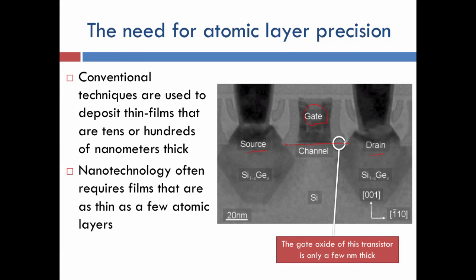There's a very thin layer right there of a few atoms thick, which is an oxide, and basically something that does not conduct electricity or charges. And that separates the gate from the channel. And this oxide is just a few nanometers thick, which means it's just a few, perhaps tens or hundreds of atoms thick. And this is only one example of many that can be found in nanotechnology.